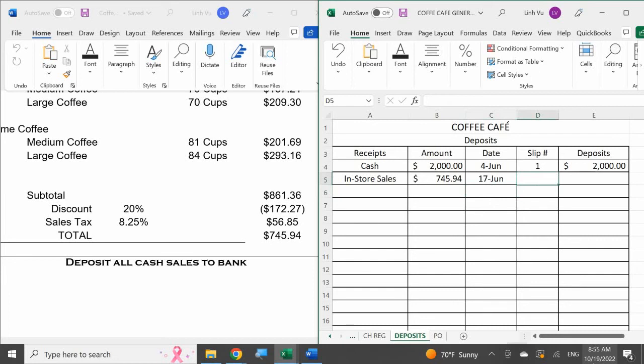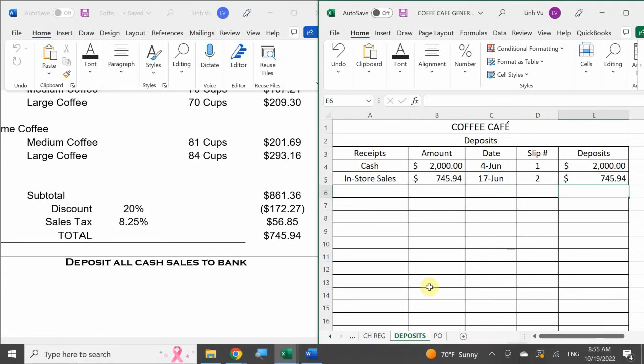Okay, this is deposit number 2 for how much? 745.94. Good. Now, because we do the sales at the end of the day, why would you record sales in the middle of the day? I'm going to record all of my sales at the end of the day. So that means I'm going to be making my deposits at the end of the day, all right?